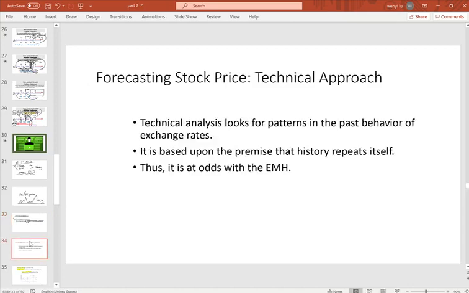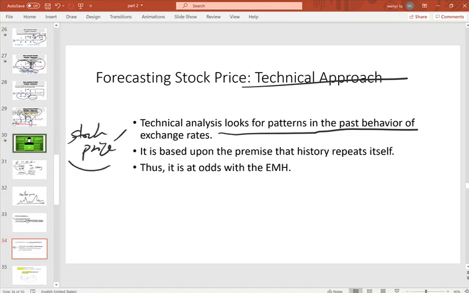Be careful. The technical approach looks for patterns in the past behavior of the stock price. This applies to stock trading, and also if you do currency trading, you will see the exchange rate, primarily based on history.